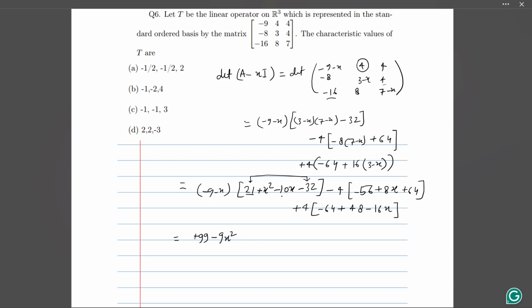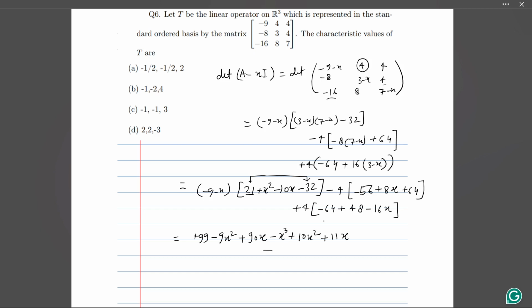Minus 9 multiplied by minus 10x will become plus 90x. Now minus x multiplied by x squared will become minus x cubed. Minus x multiplied by minus 10x will become plus 10x squared. Minus x multiplied by minus 11 will become plus 11x.